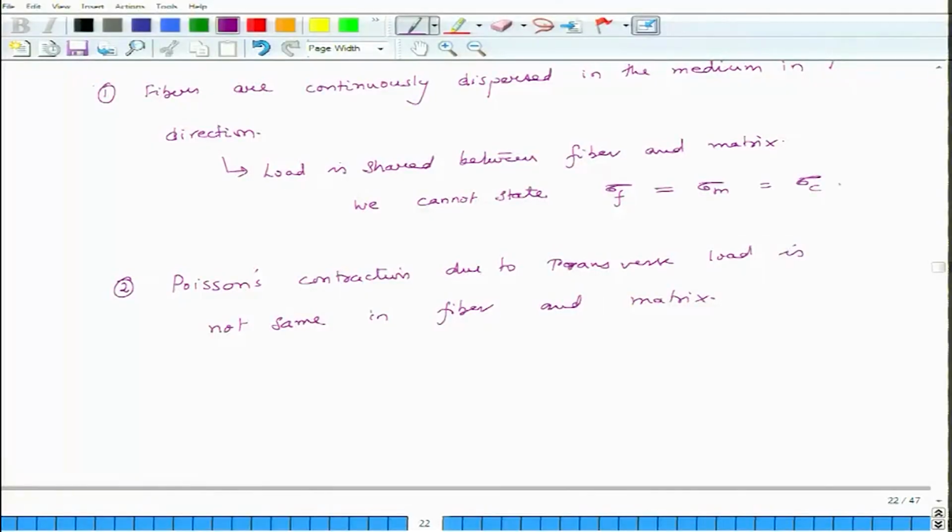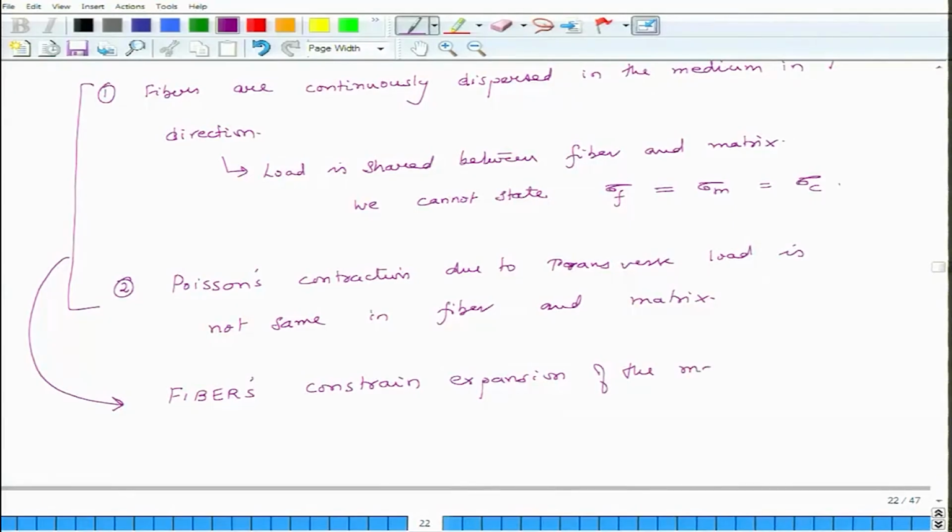And as a consequence, because of both these effects, fibers constrain expansion of the matrix. They constrain expansion of the matrix, and if this constraint happens, then what will happen? The extension in the length of the composite will be less.